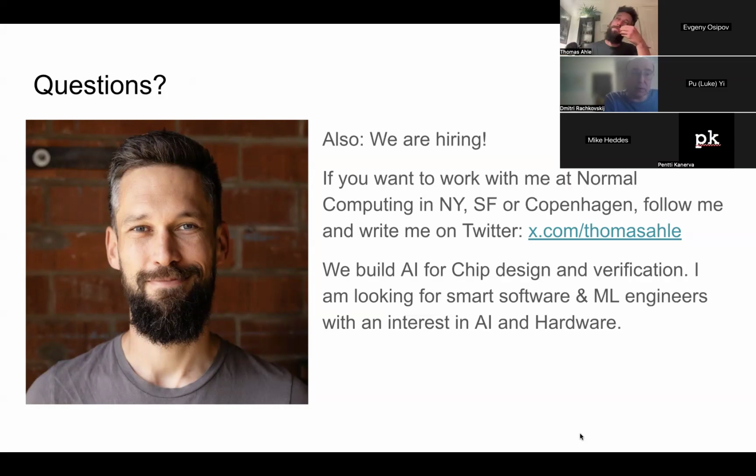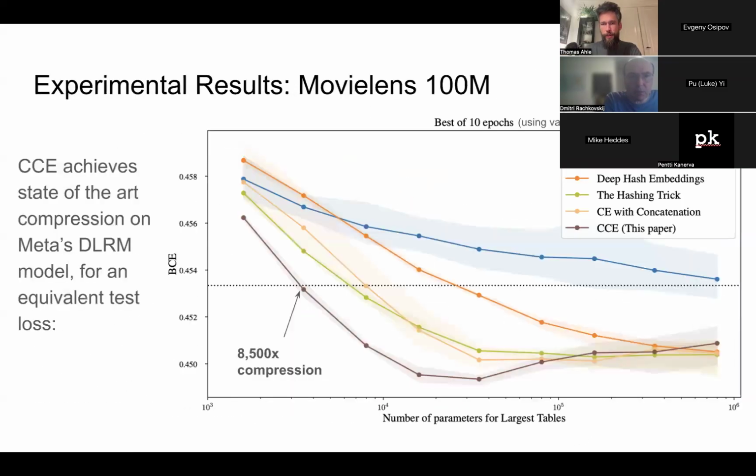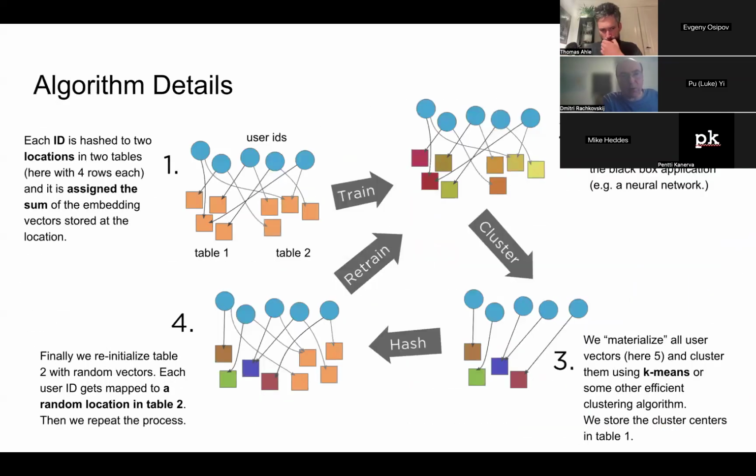Is it given by a teacher to fit it? What do you mean, like how do we get the vectors? I mean the Y vector or matrix, big Y, in your algorithm.